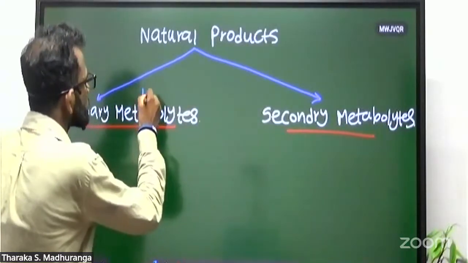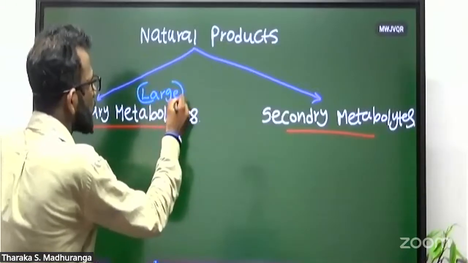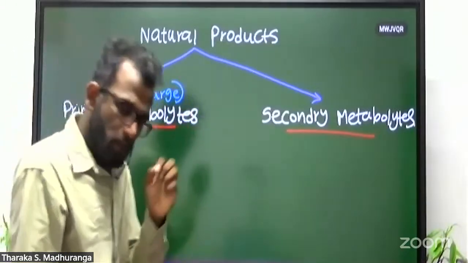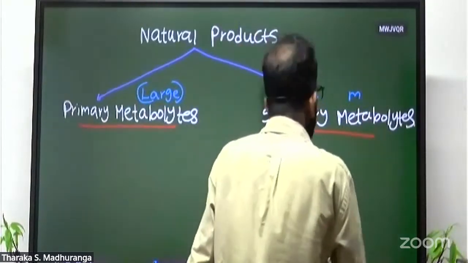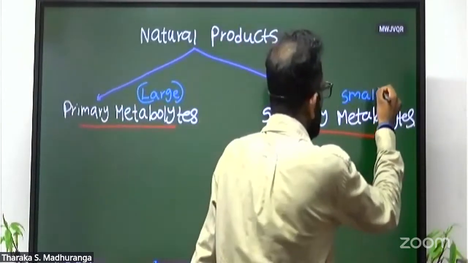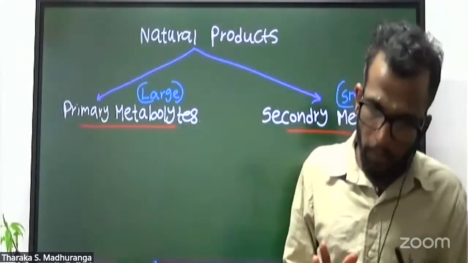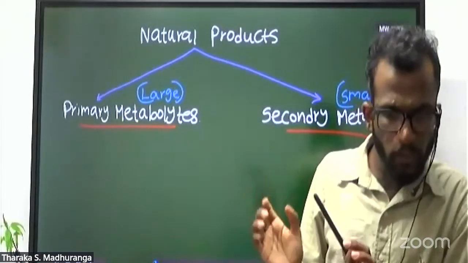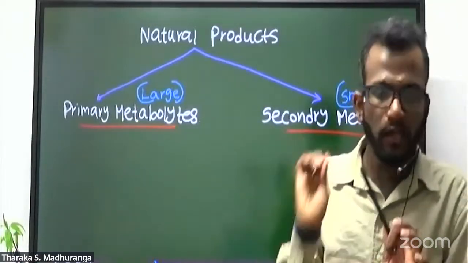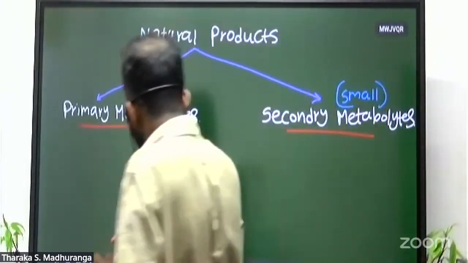That's the first characteristic you need to understand. The primary metabolites are produced in large quantity, the secondary metabolites are produced in very tiny little amounts.